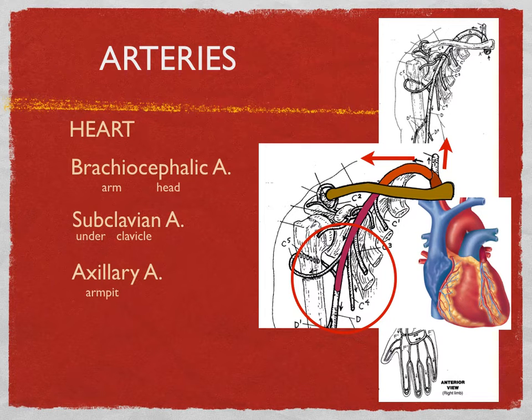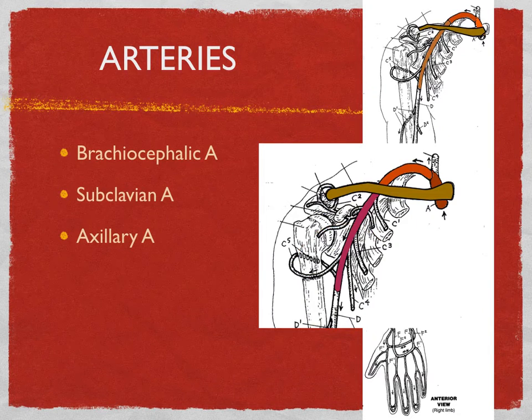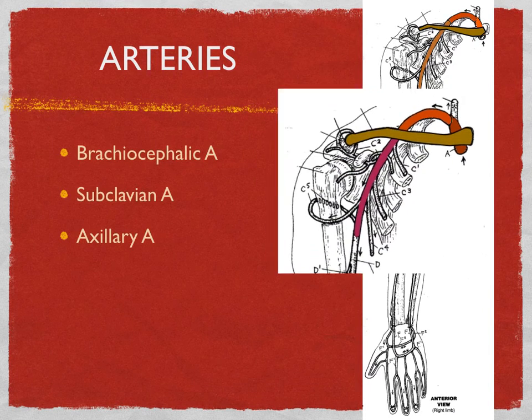The subclavian to the axillary is a single tube, and even as it goes on into the upper part of the arm, into the brachium, it is a single tube. It's just certain landmarks are going to cause it to change names. So our first three are these, and you see those here.